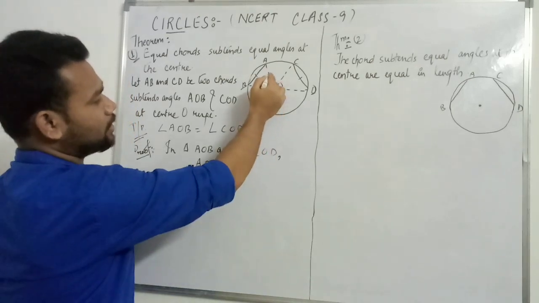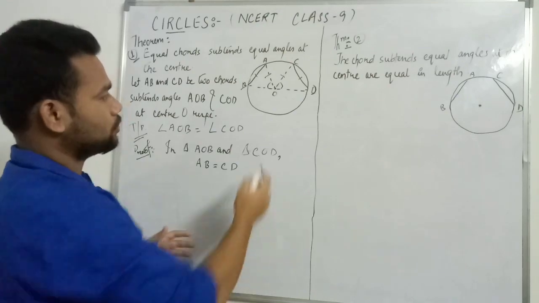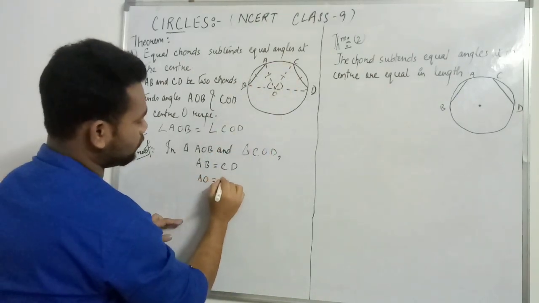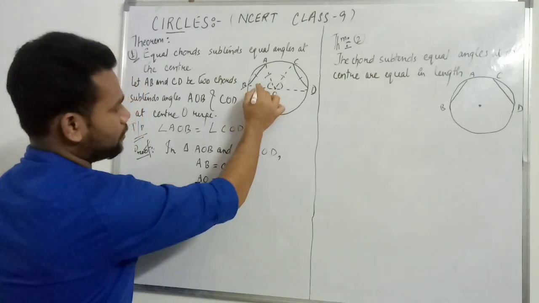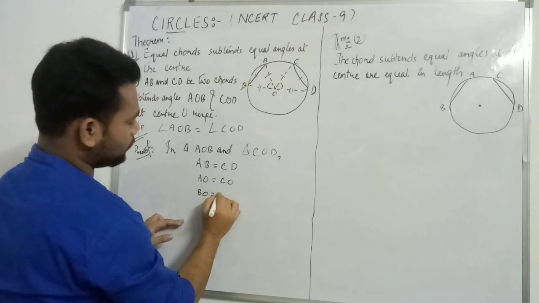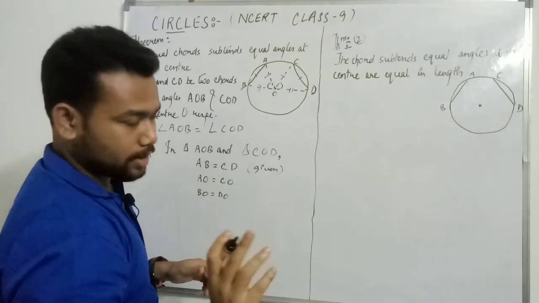Now secondly, these are the radii of the same circle, right? So AO is equal to CO and BO is equal to DO. This is given. AB is equal to CD was given, right?